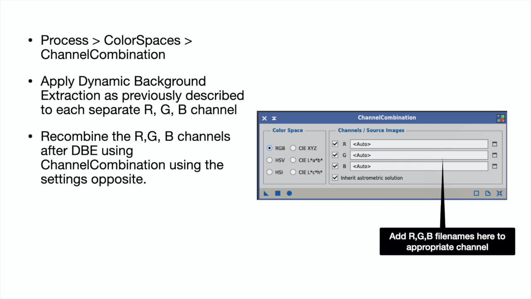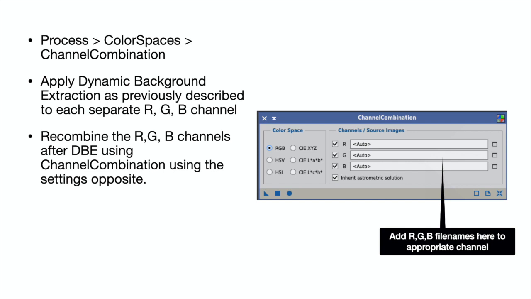Once you've done this, you then want to combine your three images back into a single color image, and to do this you use channel combination. This is found under Process, Color Spaces, Channel Combination. In each of the red, green and blue boxes you enter the relevant red, green and blue image titles, or you can select them from a view by clicking on the little box on the left hand side.